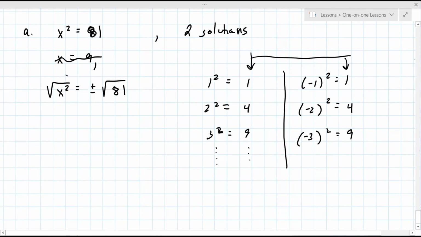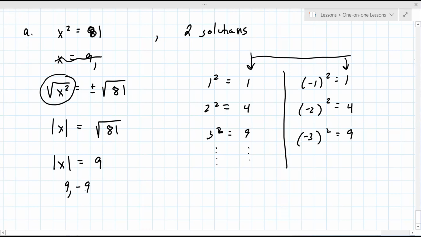The square root of x squared is actually the absolute value of x. And then when you take the square root of 81, you get 9. But what two numbers, when you take the absolute value, do you get 9? 9 and -9.